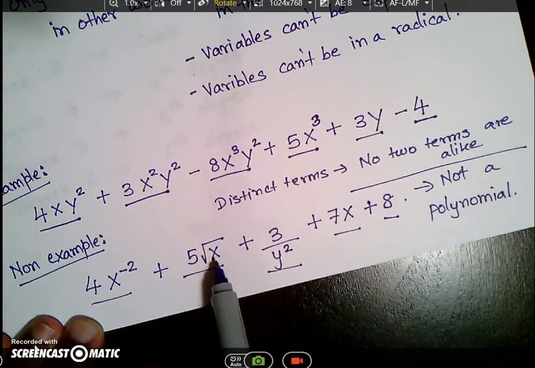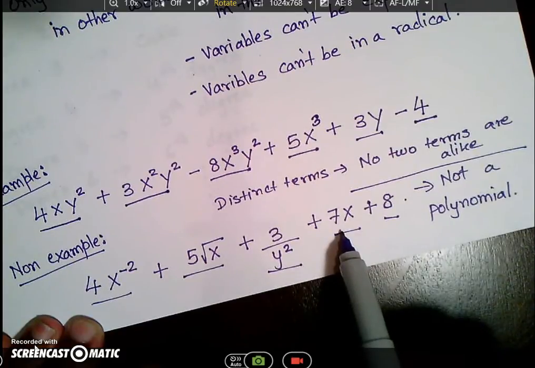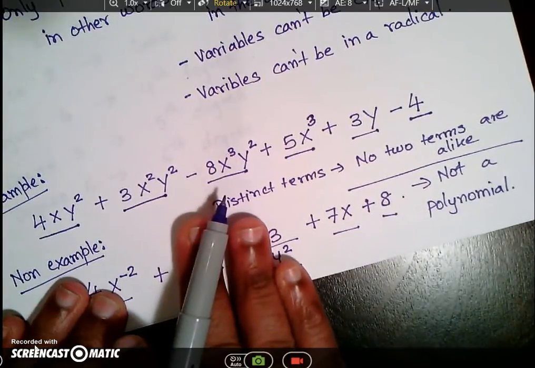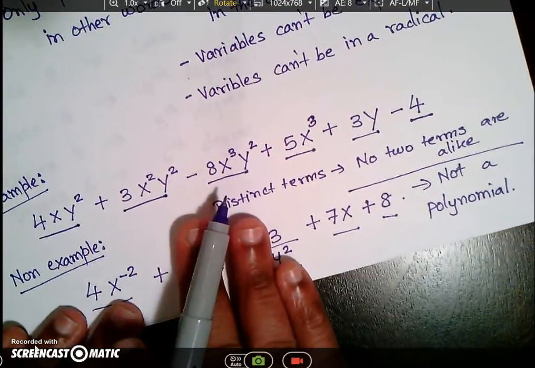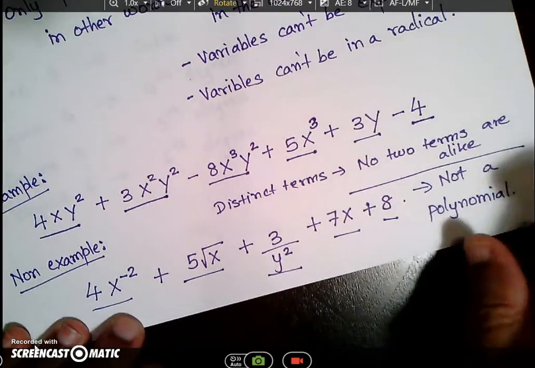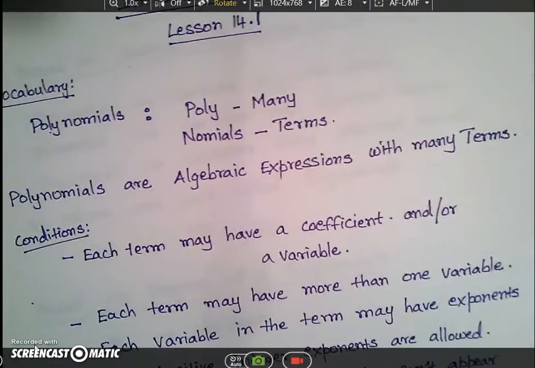It cannot be a polynomial. 3 over y square, the variable is in the denominator part, cannot be a polynomial. This is okay. If I didn't have any of these and I just had the 7x plus 8, then it could have been a polynomial, but even if any one of them is present, it will not be a polynomial. So polynomials are algebraic expressions with many terms.